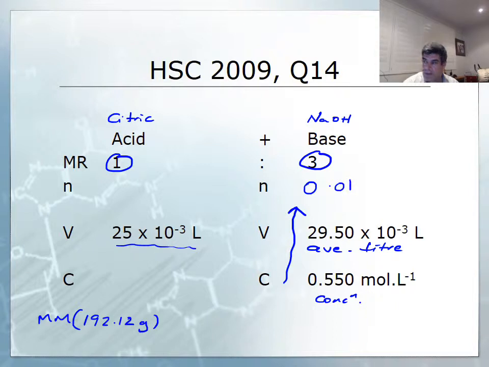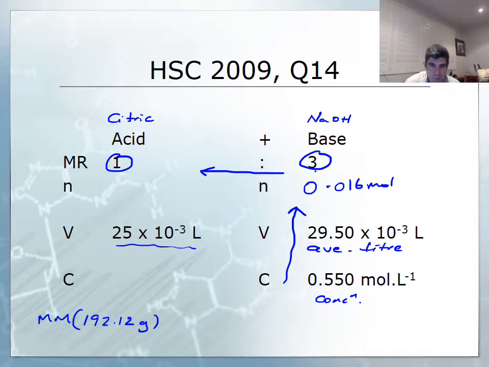Keep these numbers in your calculator as you're doing these calculations, but write them down so that your teacher can follow your steps if you get something wrong. If you get the right answers, we assume you're doing the right thing most of the time. But if you're getting wrong answers, then we need to know where you're making those mistakes so we can point them out to you. So once you've got this, we use our mole ratio as we move across.